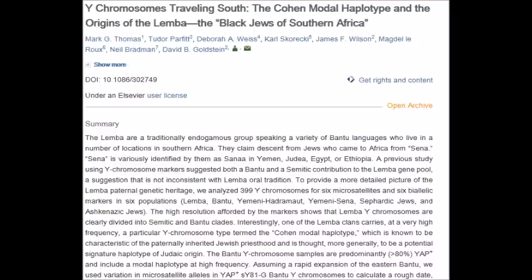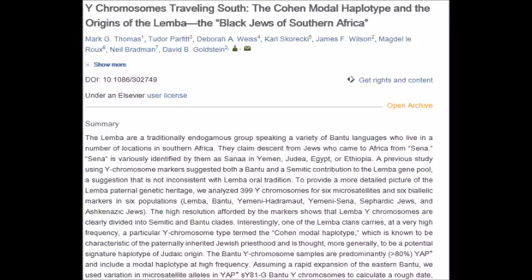The high resolution afforded by the markers shows that Lemba Y chromosomes are clearly divided into Semitic and Bantu clades. See, oh God, man, Semitic, get out of here with that. Semitic and Bantu. Now, those are Bantus, those are Negroes, those are our people, man. They need to stop playing with them like that.